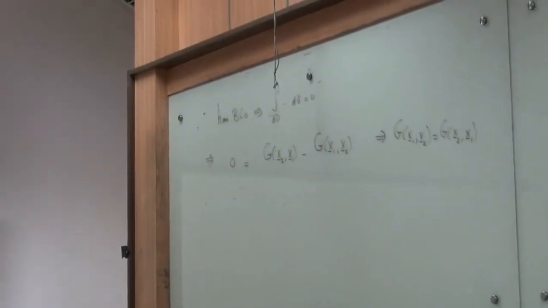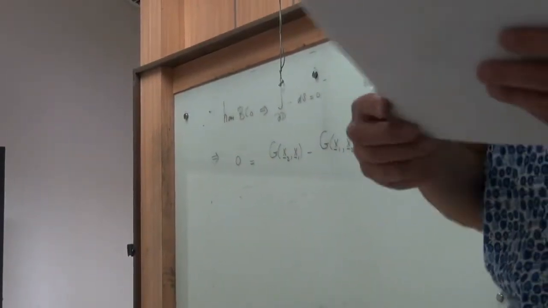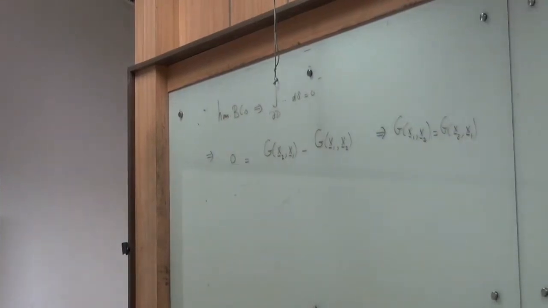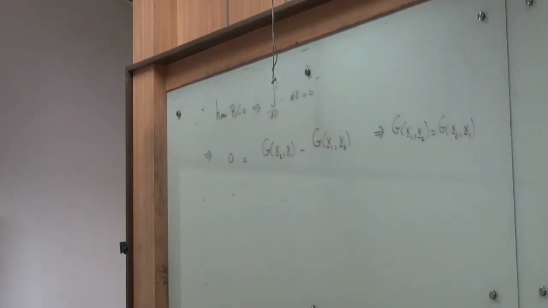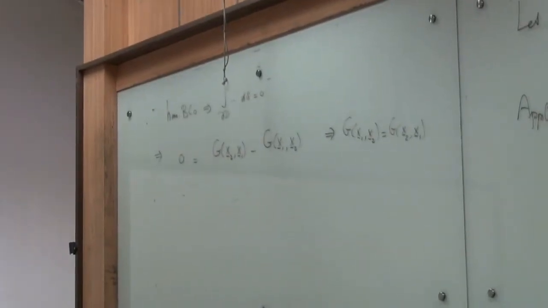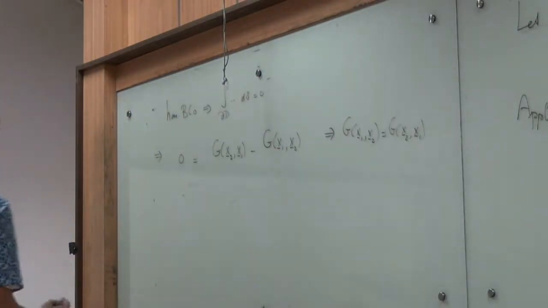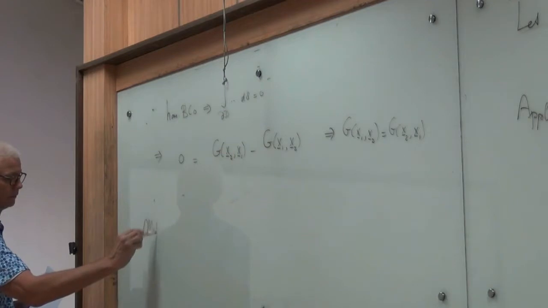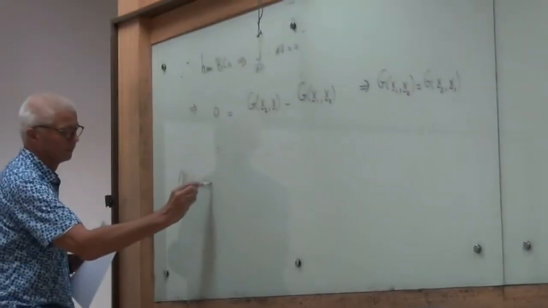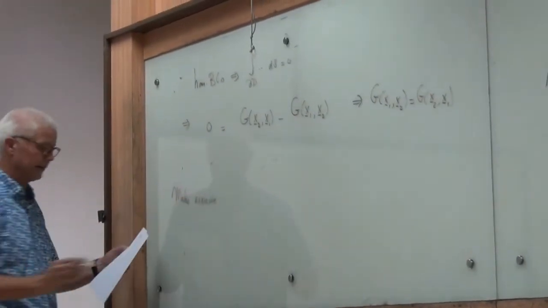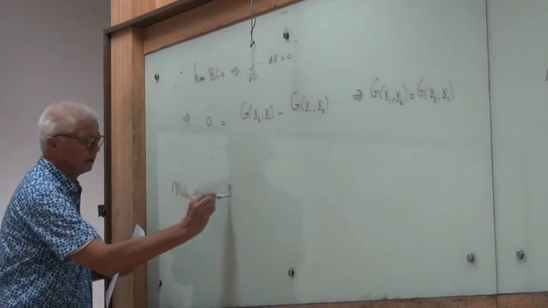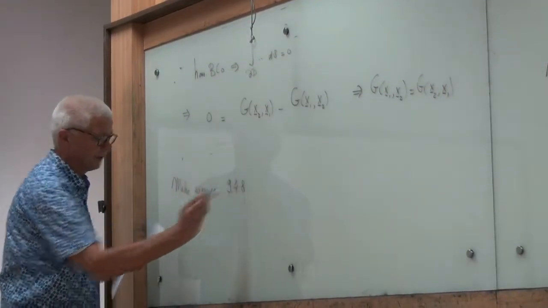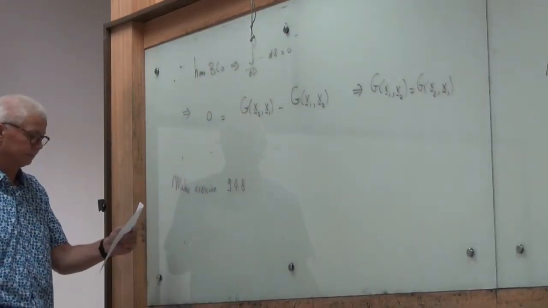The difficult exercise I'm going to give you tomorrow, because I have to derive certain Green's functions. But the exercise that you are able to make is the following. Out of the book, make exercise 9.4.8.